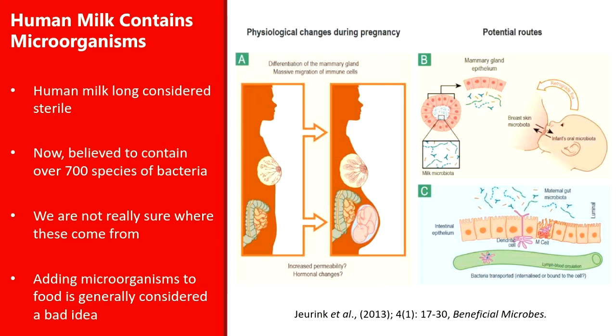It's probably associated with this, but also physiological changes during pregnancy, where the growing fetus causes a rearrangement of the gastrointestinal tract that moves it closer towards the breast tissue, and the permeability of the gut membrane changes, which allows this translocation, this movement of gut microorganisms into the breast tissue, which can then go on to establish the gut microbiome in newborn infants.